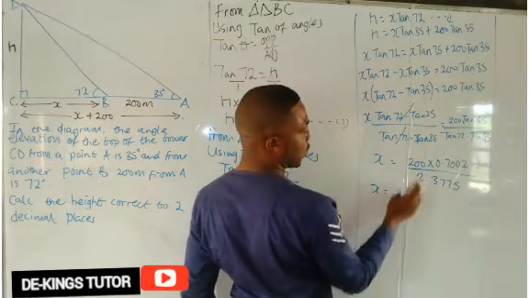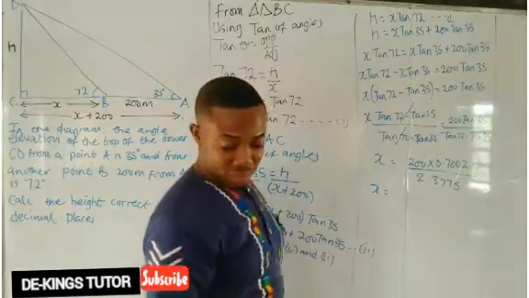So our x is now equal to 200 times 0.7002.